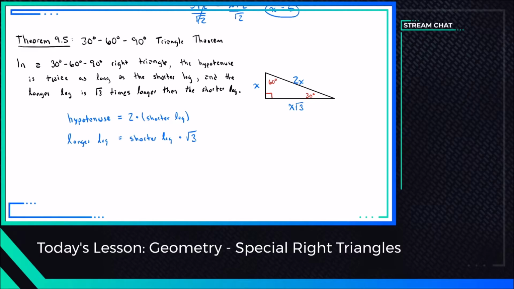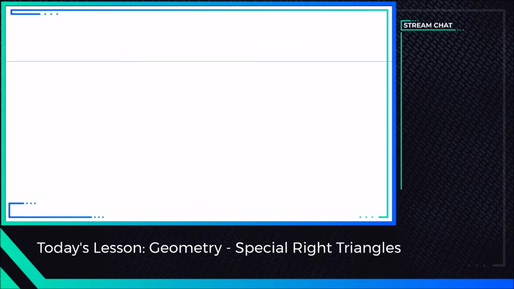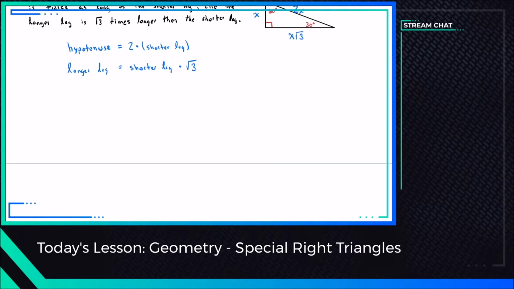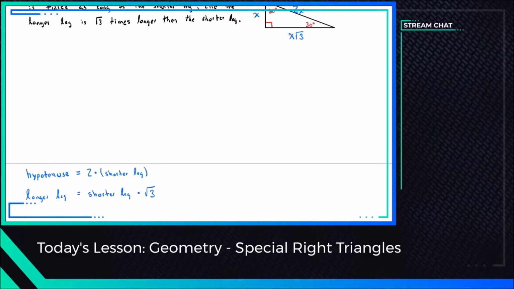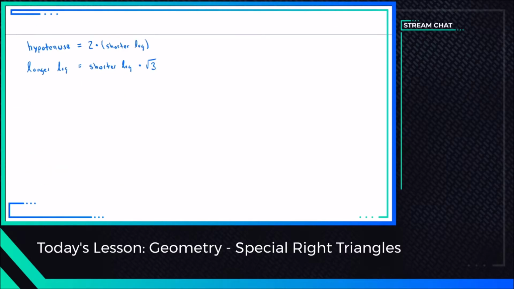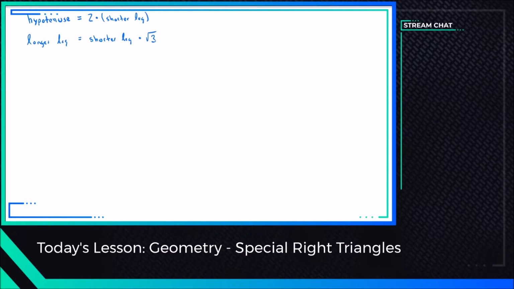Because we know their angle measurements of 45, 45, 90 or 30, 60, 90, we can solve it using these really nice formulas. There's no squaring, there's no square roots, no Pythagorean theorem. So I'm going to go ahead and take these and put them down here below our gray line. These are going to be our formulas that we're going to use for our 30, 60, 90 right triangle.